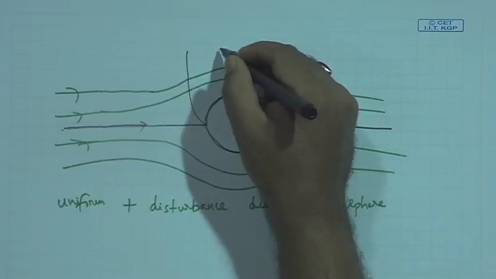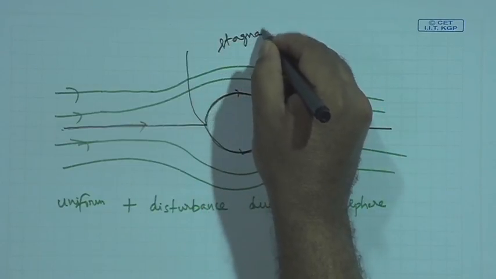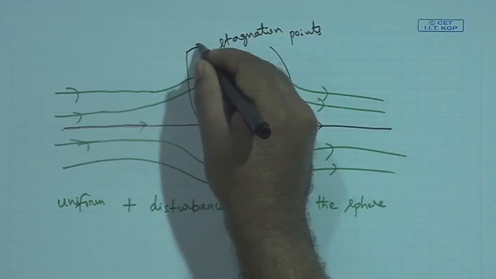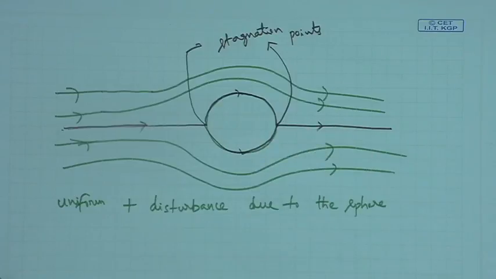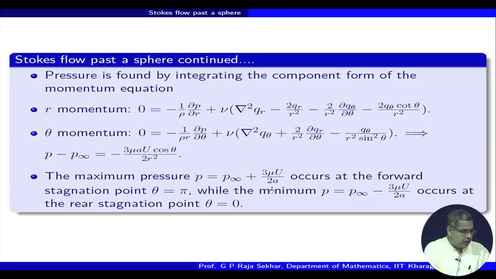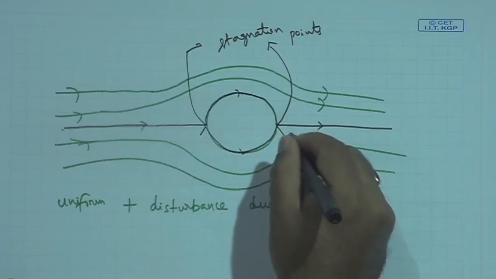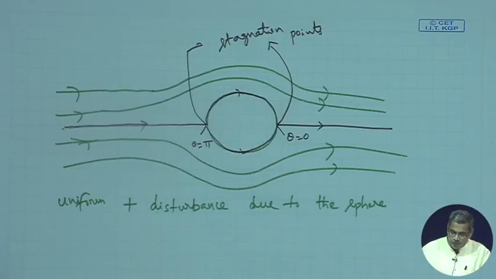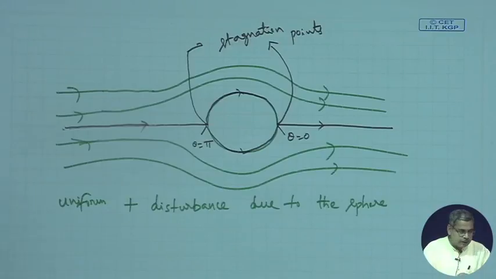So, these points are called stagnation points. Okay. So, this point and this point. Stagnation point means no flow is taking place, velocity is 0, right. Correspondingly, at theta equals to pi the maximum occurs, and the minimum occurs at the rear stagnation point at theta equals to 0. So, that means we are talking about this and this, theta equals to 0, theta equals to pi. Okay. So, this is a very useful insight.